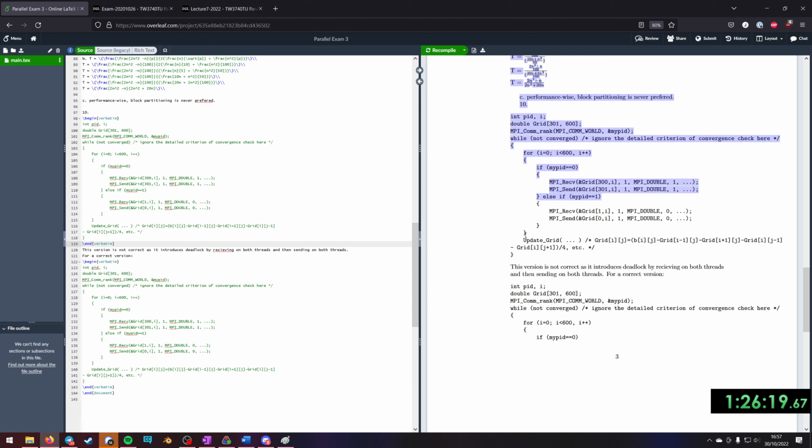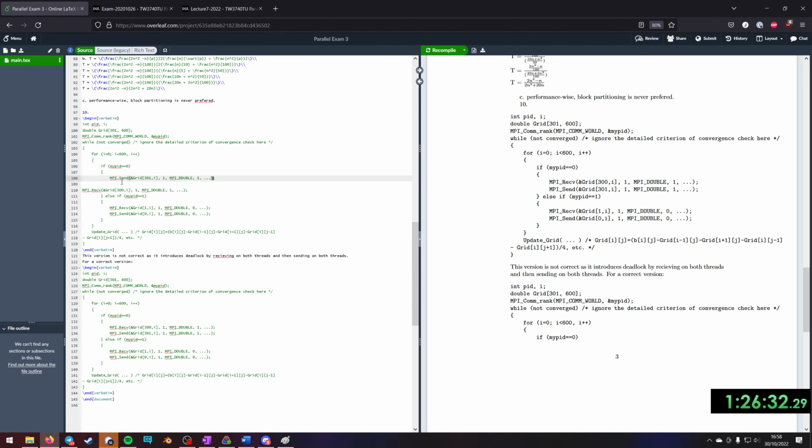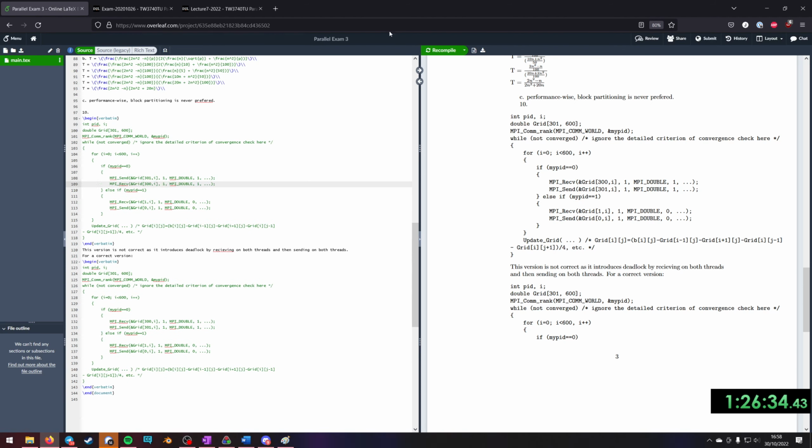I feel like if this is C, instead of looping over all 600 values, we can just send them at once. I'm not actually sure about this. First of all, let's fix the order. Let's first send, then receive. Then let's look at whether we're sending to the right place. So we're sending to 301, that gets received at 1, and then 0 gets put at 300.